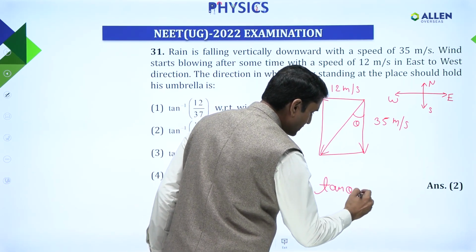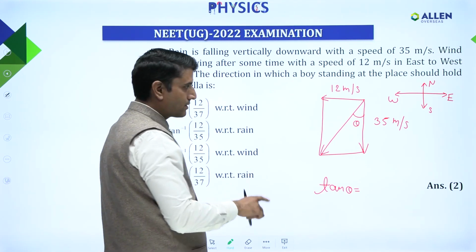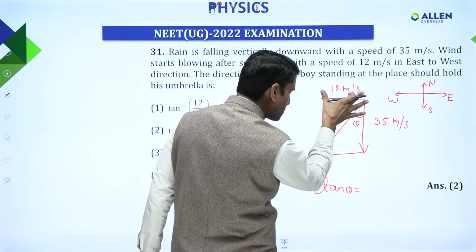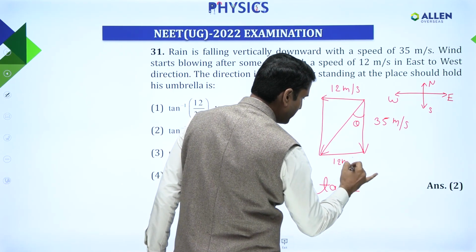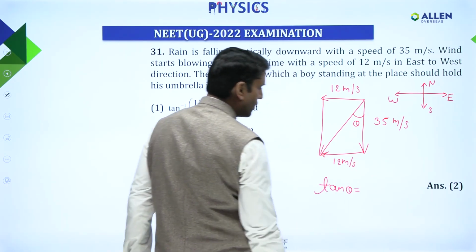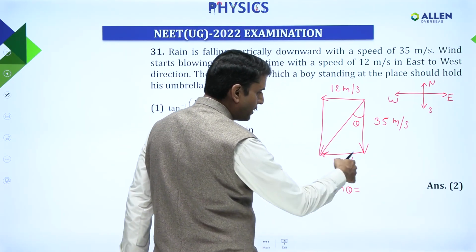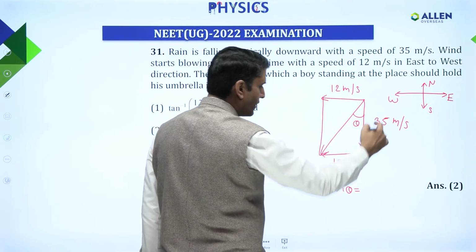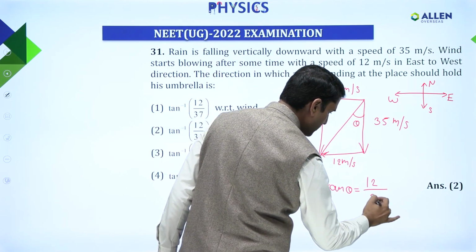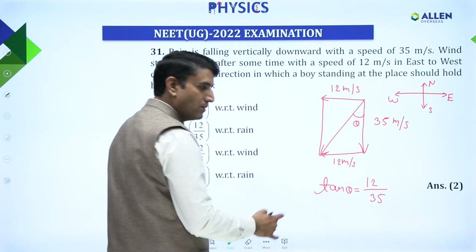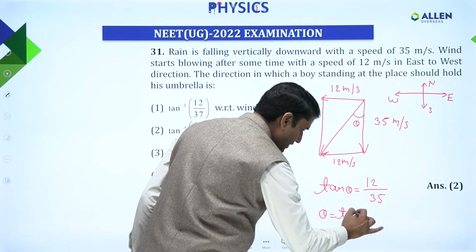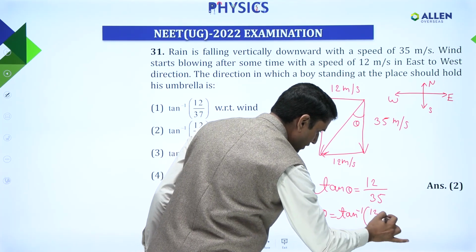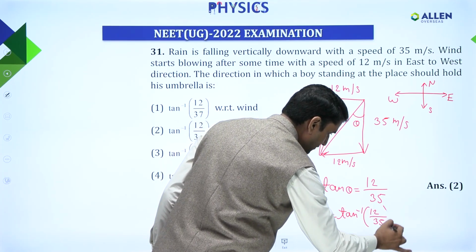Tan theta is perpendicular upon base. Perpendicular is 12 meter per second, base is 35. So 12 upon 35. From here we get theta, that is tan inverse 12 upon 35.